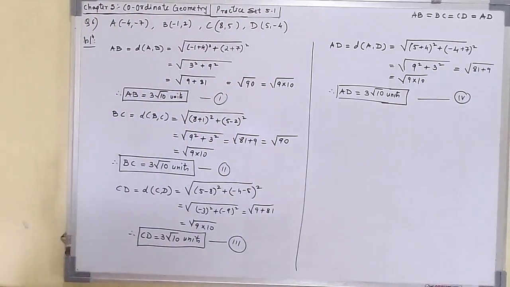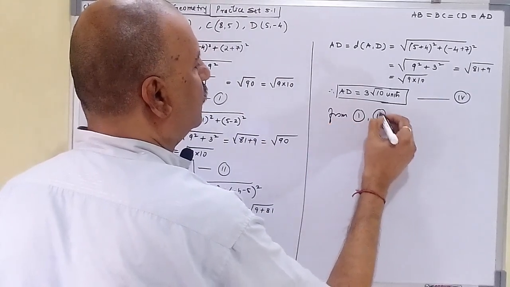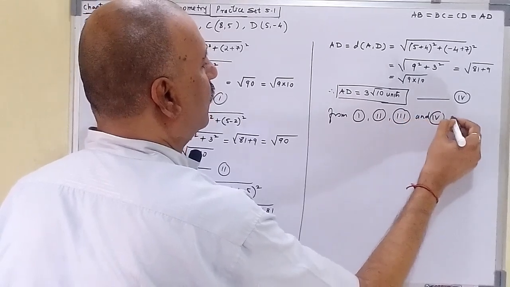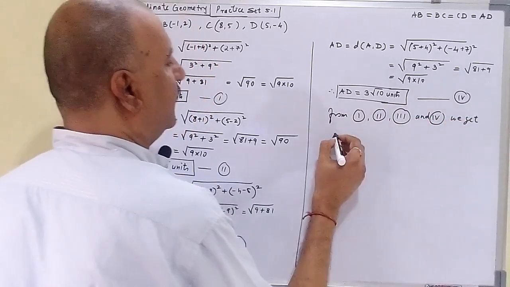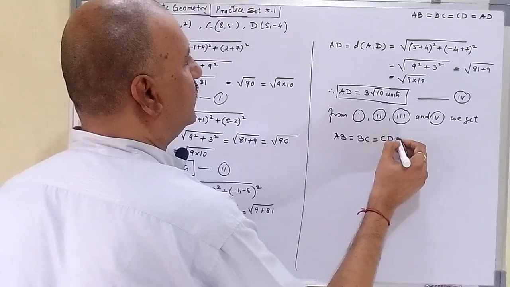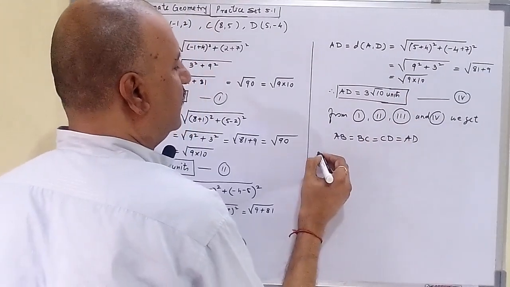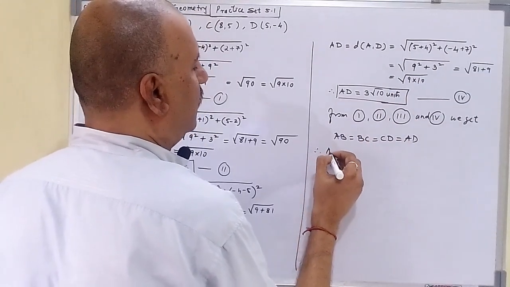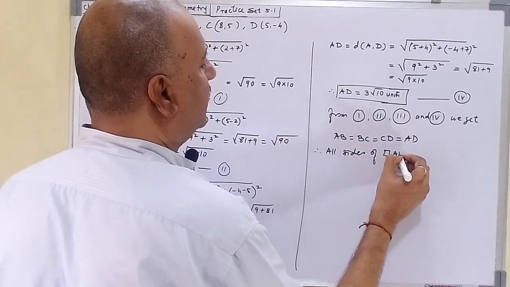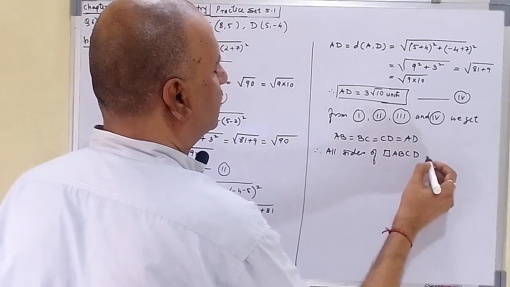So from 1, 2, 3 and 4 what we can do? From 1, 2, 3 and 4 we get AB equal to BC equal to CD equal to AD. Therefore, all sides of quadrilateral ABCD are equal.